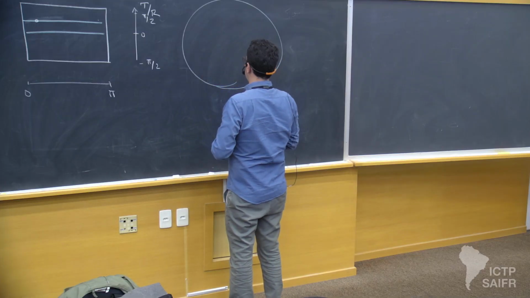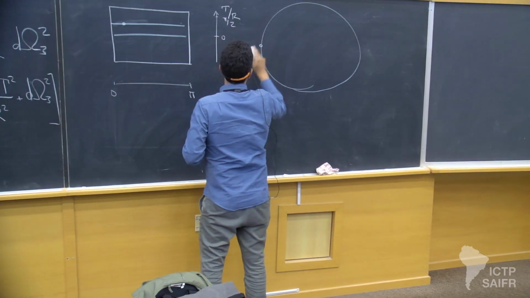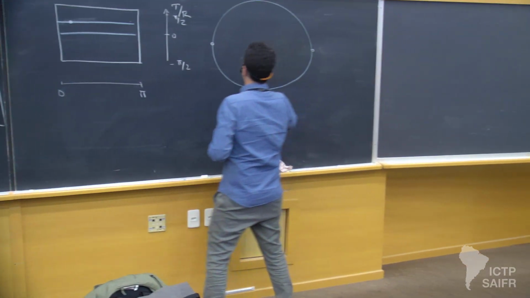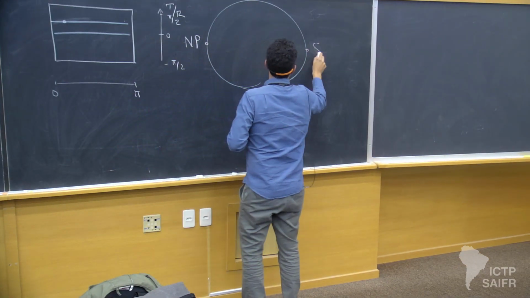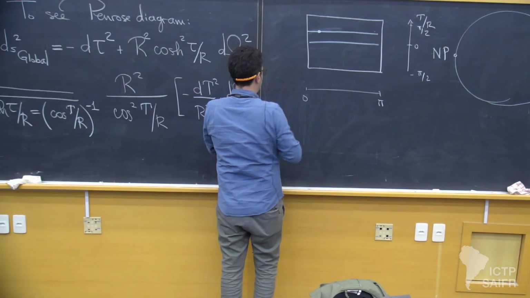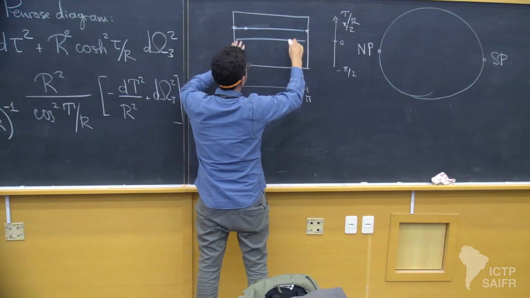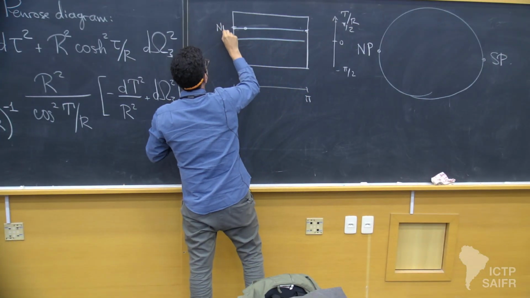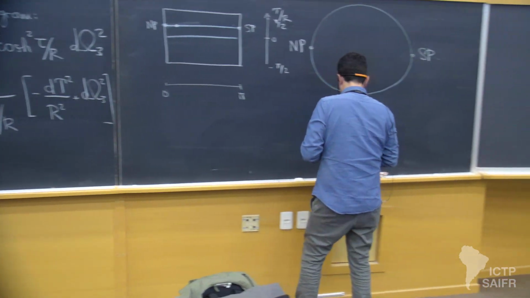So this is a 3-sphere, and then here, sorry, I don't make up these names, okay? Even though this is the North Pole, this is the South Pole of the sphere, they shrink to a point. So not all points are equal on the Penrose diagram. This is the North Pole, this is the South Pole, and then each of these is a 2-sphere, okay?